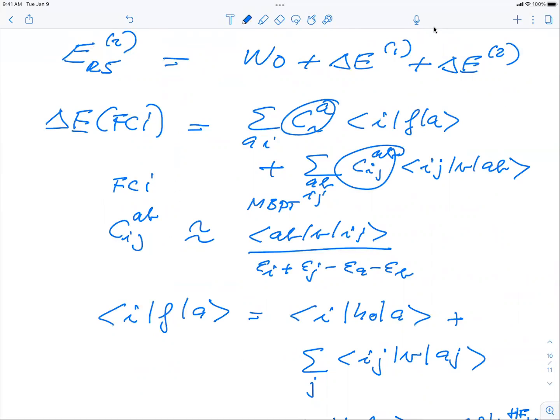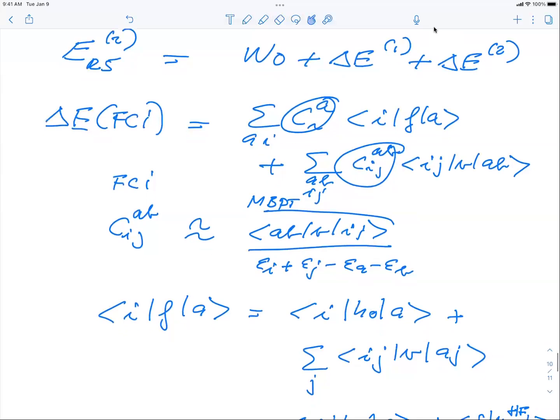Since this is a set of nonlinear equations in the unknown coefficients C_I, your first iteration is normally given by this ansatz which you see here for the coefficients.